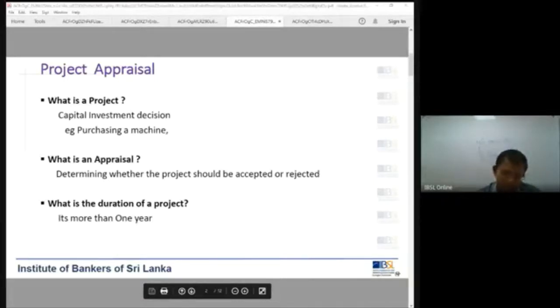Treasury bonds are always semi-annual. Debentures can vary: annual, monthly, or quarterly, but government treasury bonds are always semi-annual.